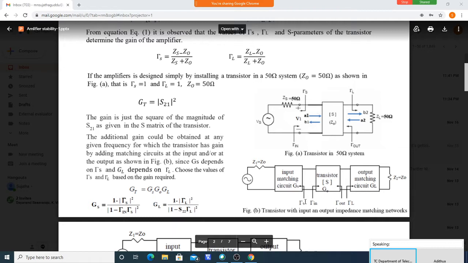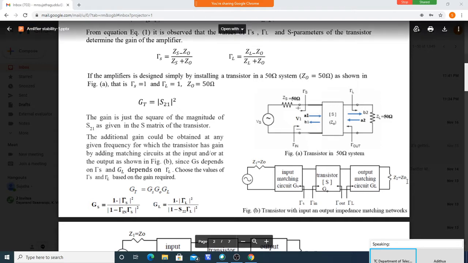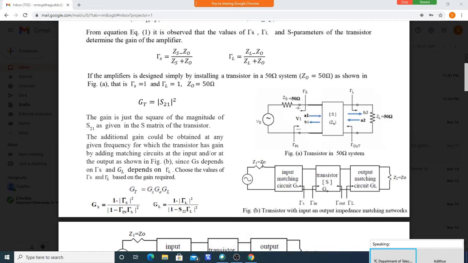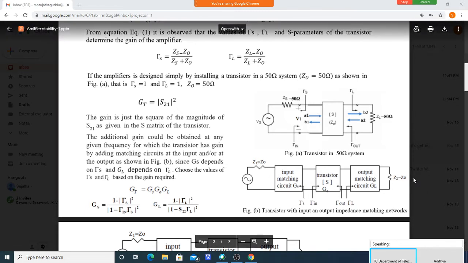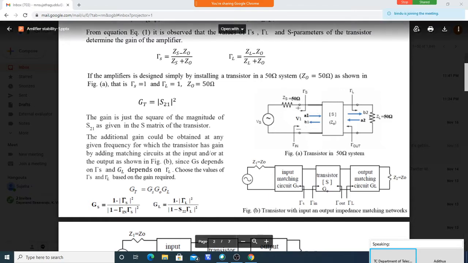For that, we should set the source impedance ZS and the load impedance ZL to values other than 50 ohms. Here Z0 is 50 ohm, similarly here 50 ohm. But if you use only a 50 ohm system, you may not get additional gain. So we have to change the input impedance and the output impedance.